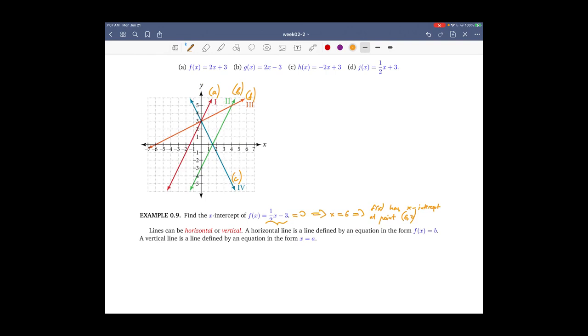We should note that we will also deal with horizontal and vertical lines. Lines that are horizontal, as we know, are of the form y equals constant. And lines that are vertical are of the form x equals constant.